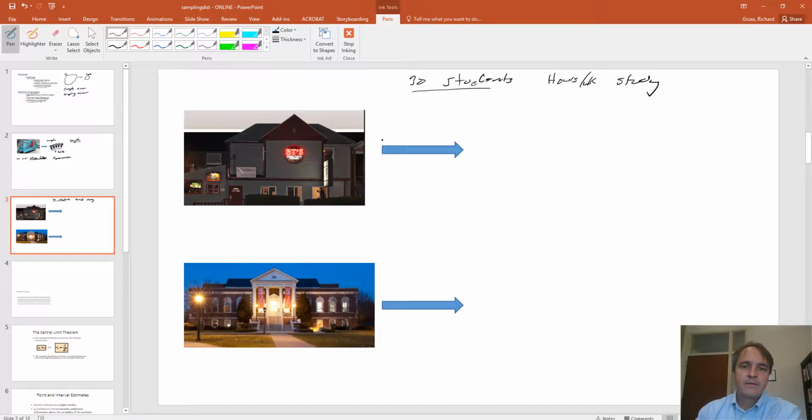And the first thing you have to consider is your sampling frame. Okay, so the sampling frame is the mechanism that you use that represents your population. This is like your starting big set.